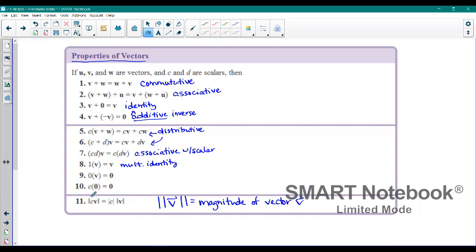So if you've got a scalar multiplying a vector, you can either multiply it inside or outside and afterwards. So this looks a little bit like absolute values, but doubled.